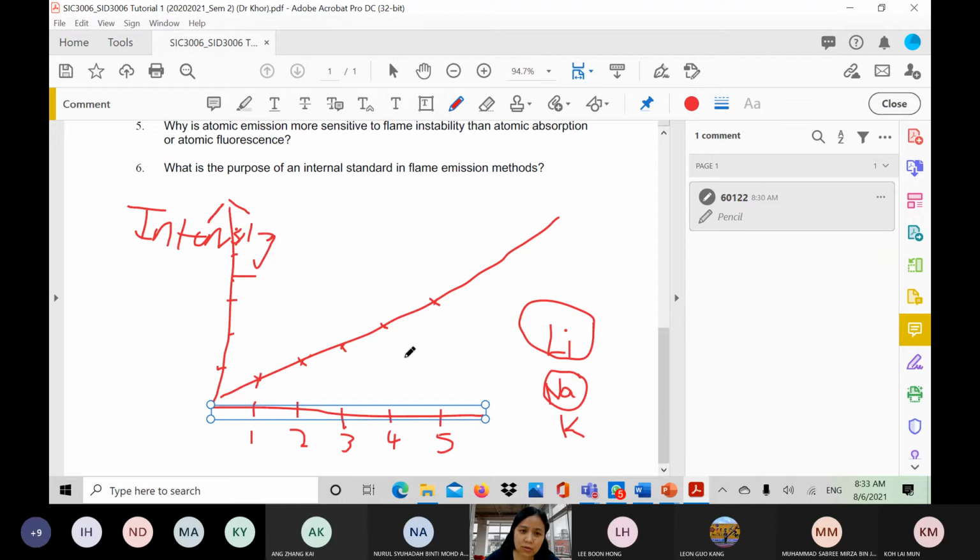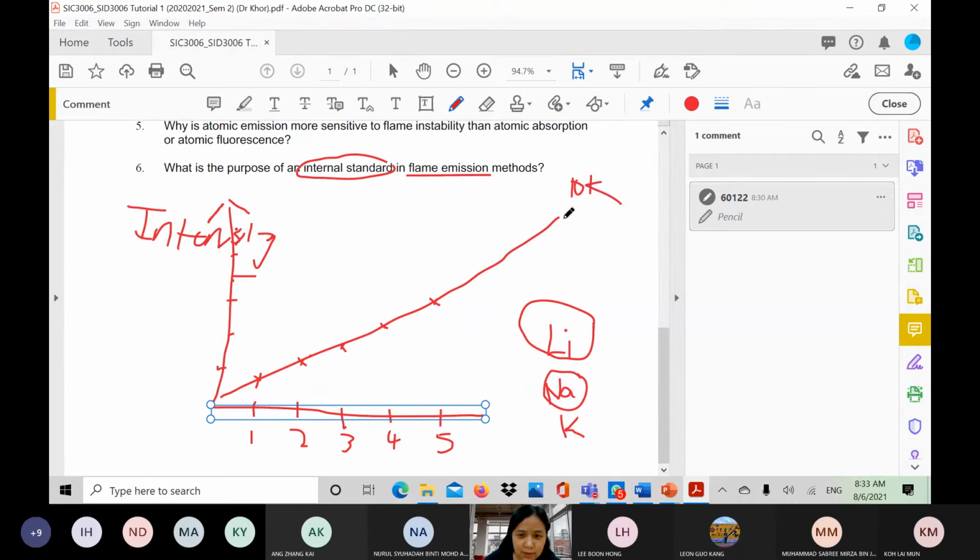So if the flame temperature is unstable, we need to use an internal standard. If it is unstable, there is a small change during the process of our measurement, a fluctuation of the flame. So there is a small 10 Kelvin change.